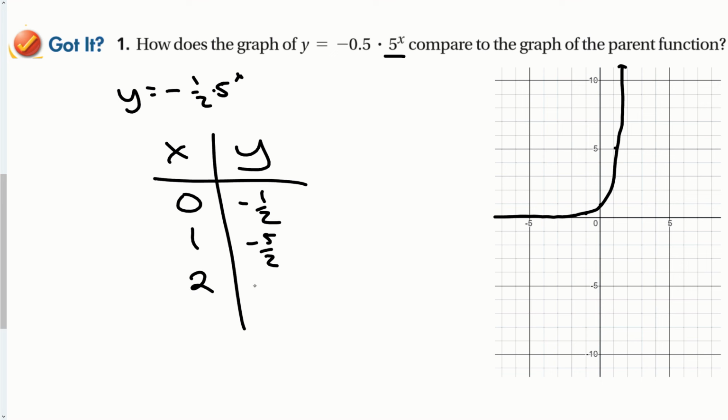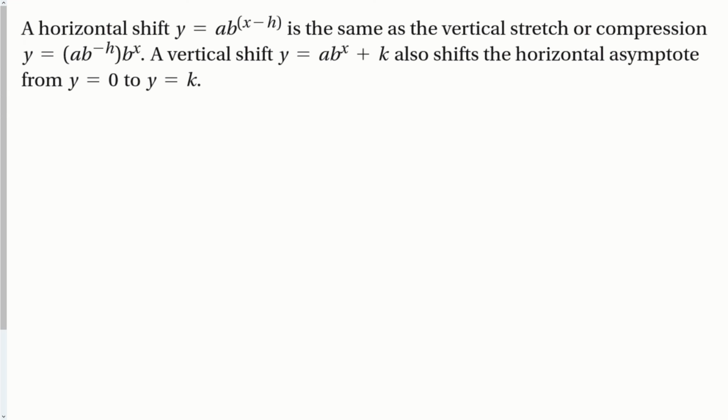Plug in 2, that's negative 25 over 2, which is negative 12.5. Right about there, and we get a graph that's not terribly nice, but we get the idea. So, stretch, compression, and reflection, if we remember those.